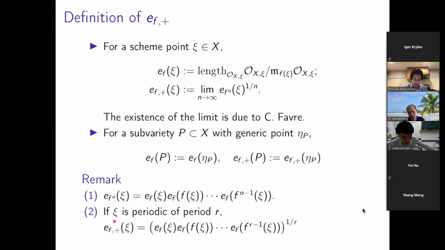And if C is periodic of period R, actually the existence of this limit is elementary. It just follows from the definition, and this is equal to the geometric mean of multiplicities of F at the cycle of C, right? So this is a geometric mean of multiplicities.